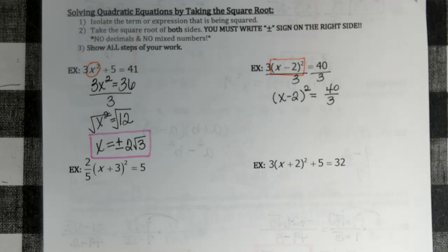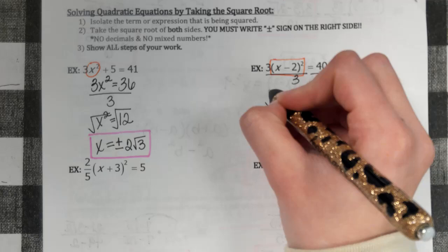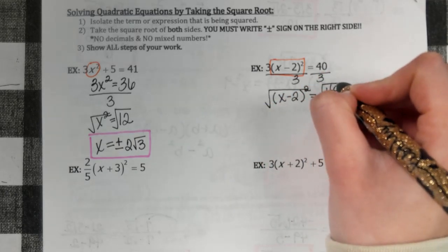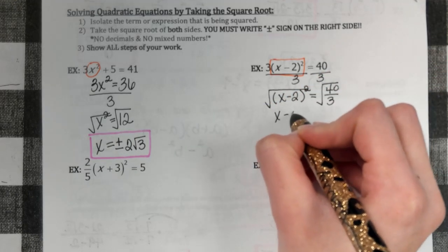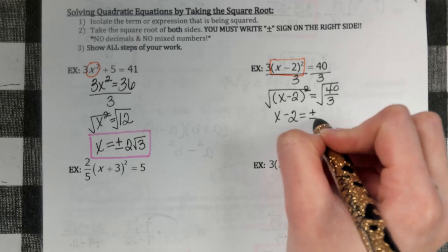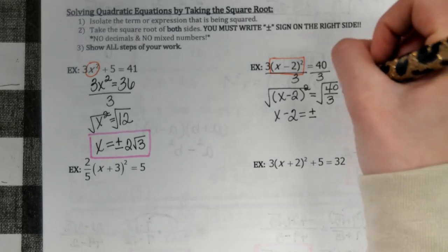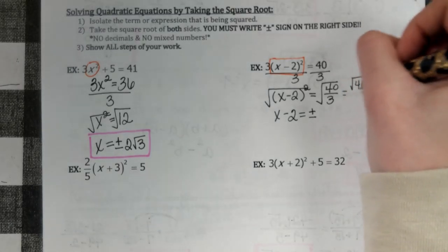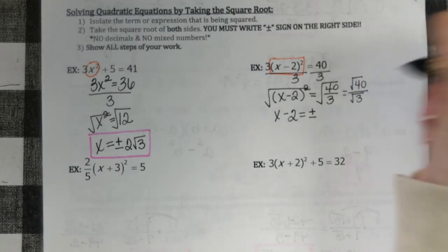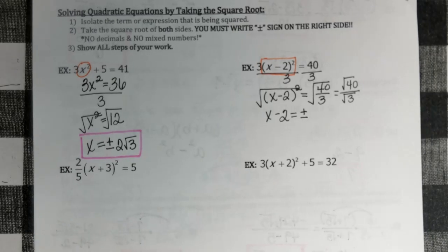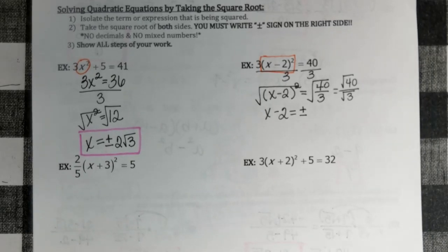Okay, so when I go and square root this, I'm square rooting a fraction. So I have my x minus 2 that's left by itself. I have my plus and minus. When I take this square root of a fraction, I'm doing what I just did on the page before. Okay, I've got the square root of 40 over the square root of 3. Can I simplify anything there?